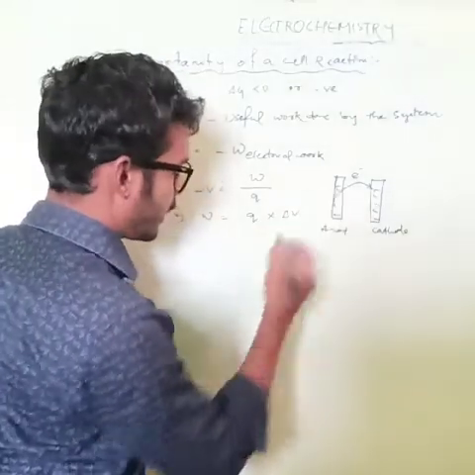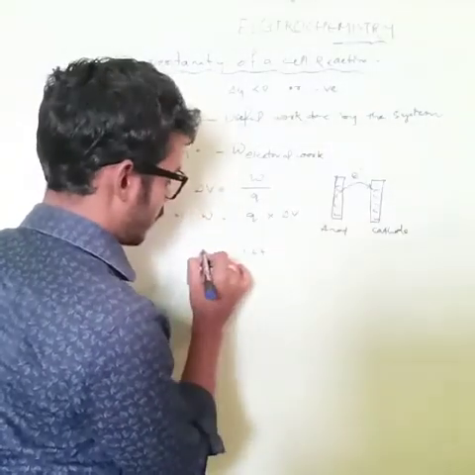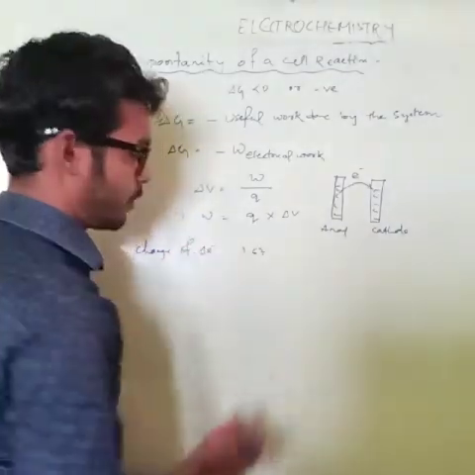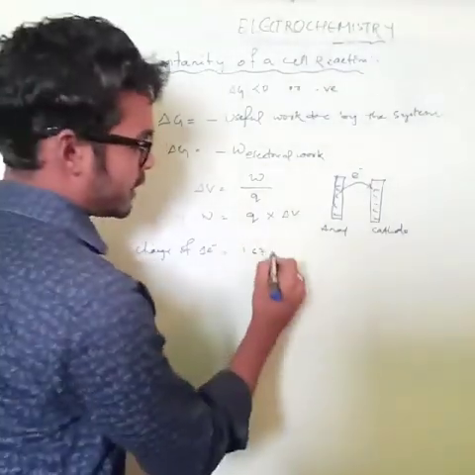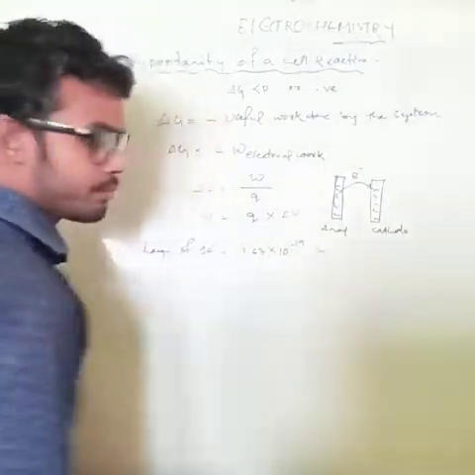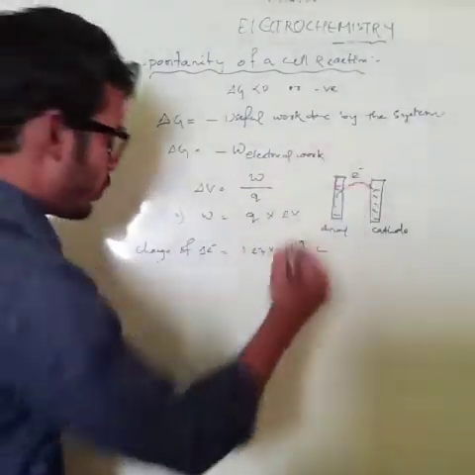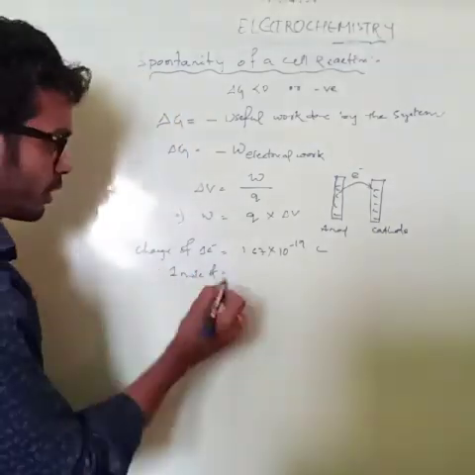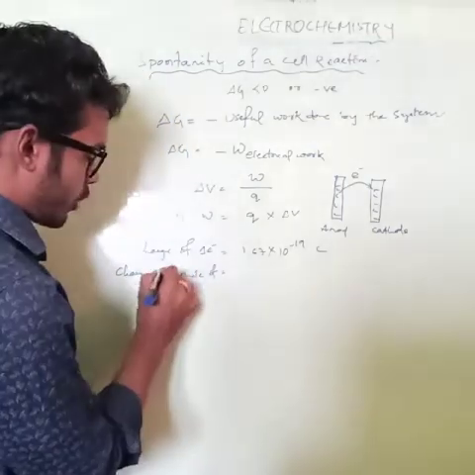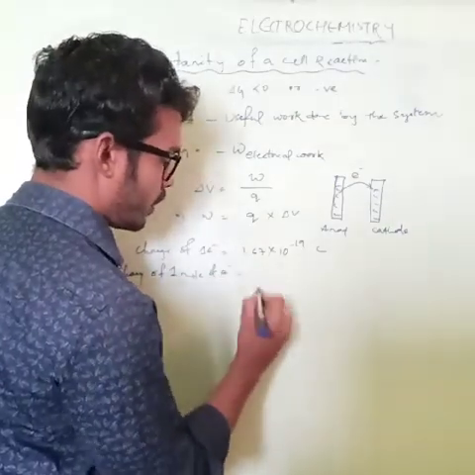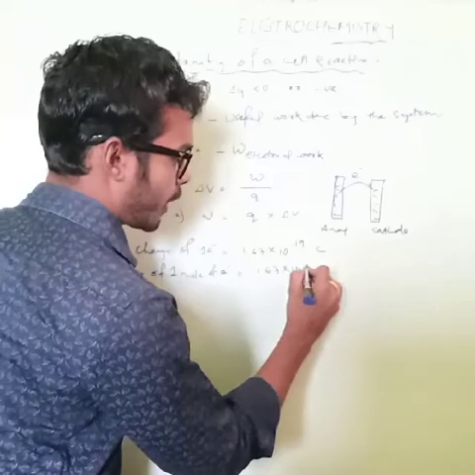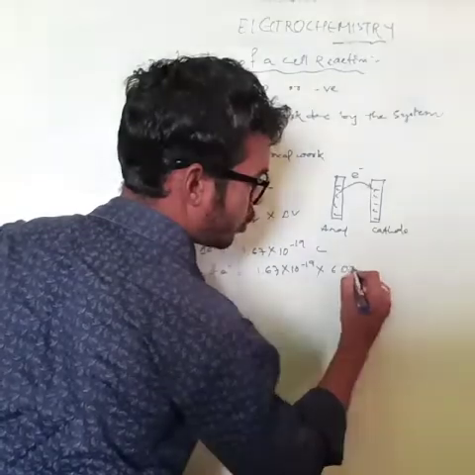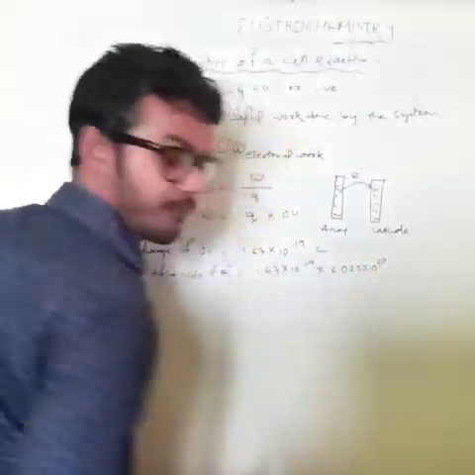So the charge of one electron is 1.67 into 10 to the power minus 19 coulomb. Suppose 1 mole of electron moves. The charge of 1 mole of electron is 1.67 into 10 to the power minus 19 into Avogadro's number, that is 6.022 into 10 to the power 23.